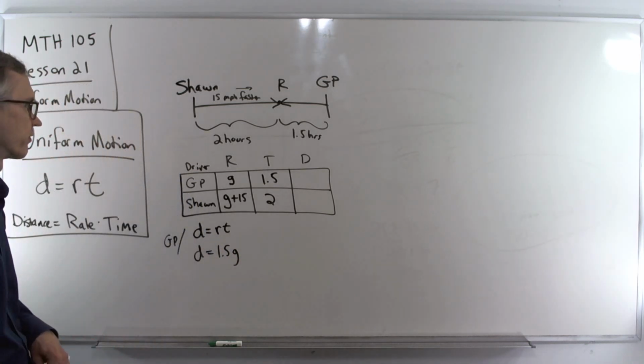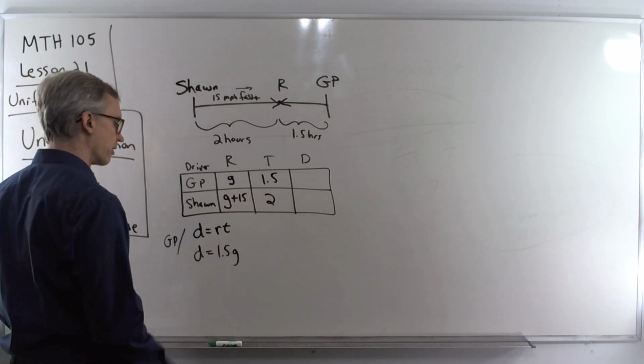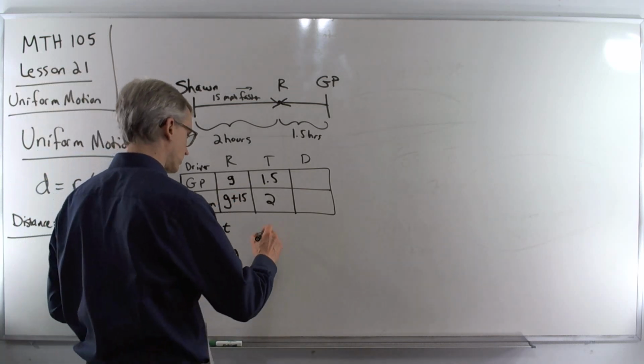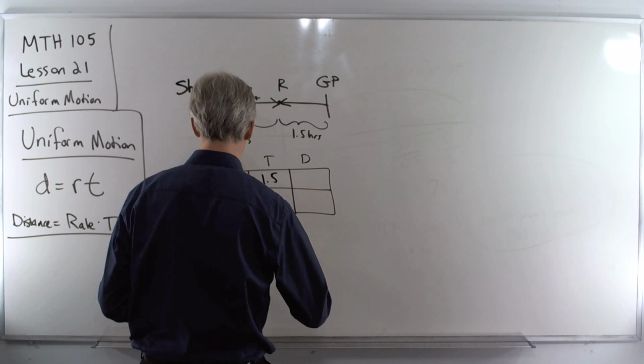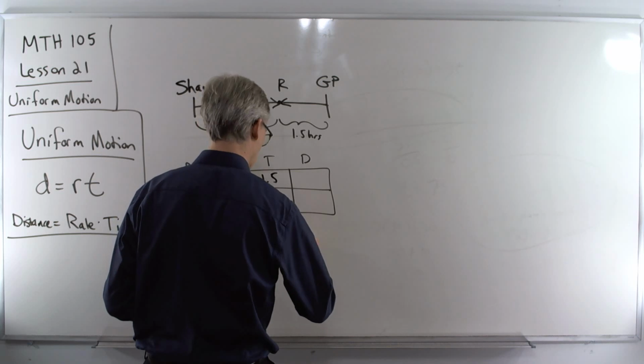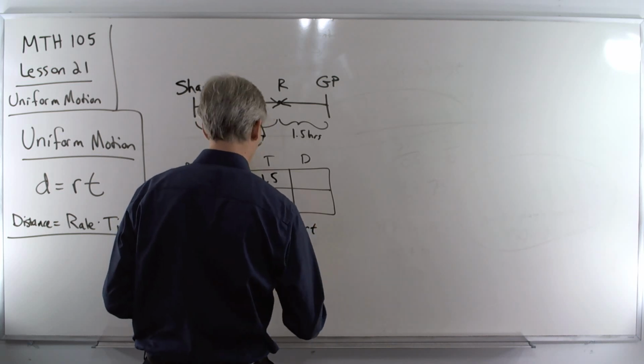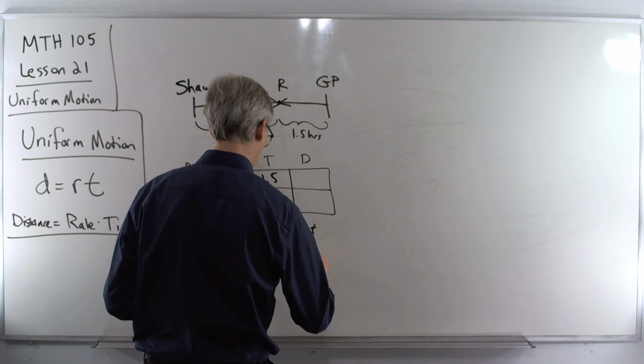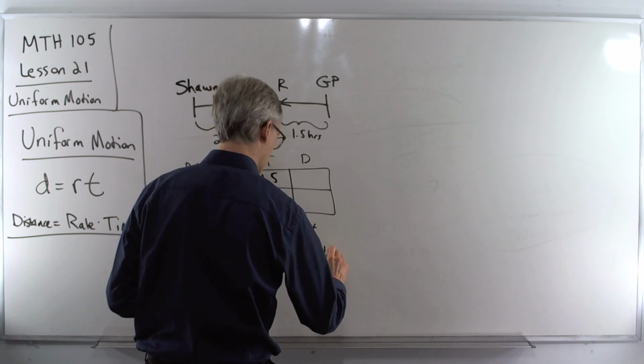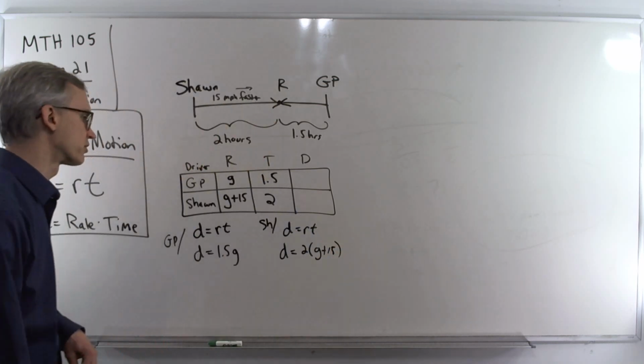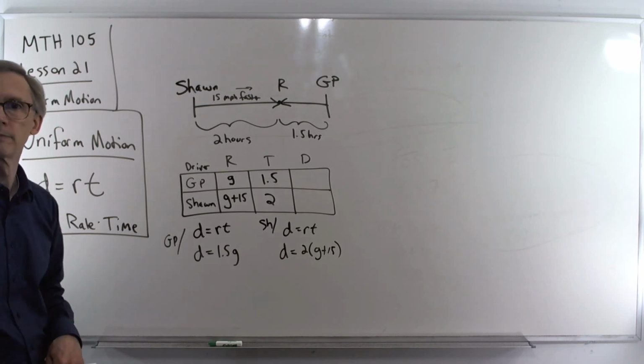So for the grandparents, if we multiply rate times time, we get 1.5G. And for Sean, we get 2 times G plus 15.